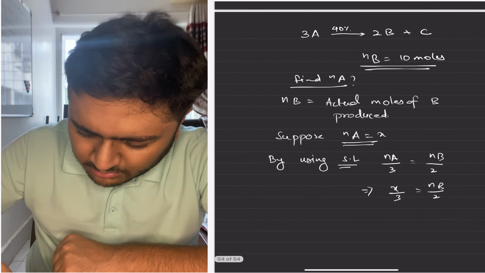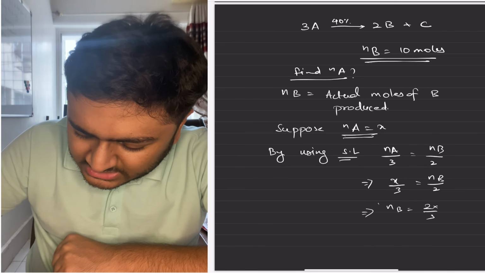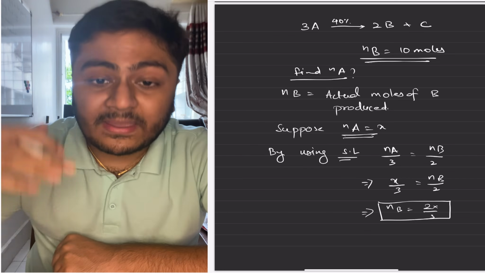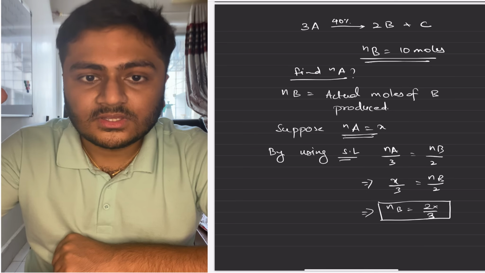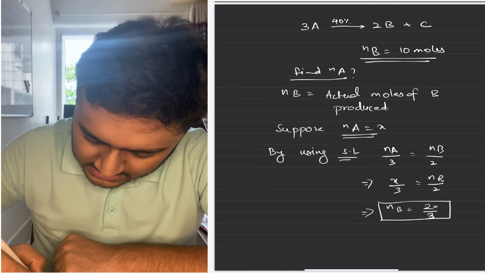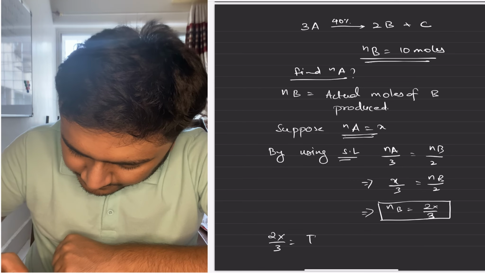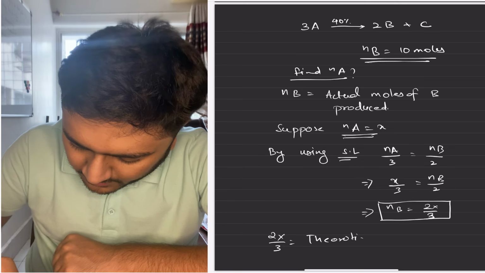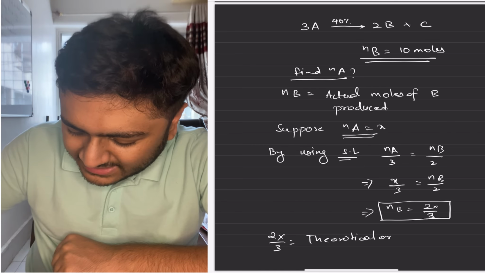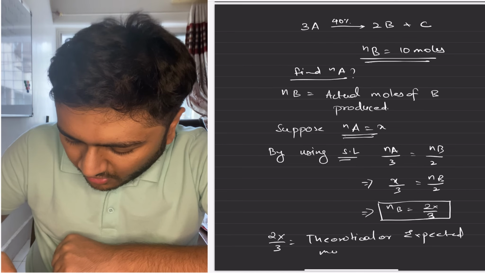Therefore, moles of B is 2x by 3. This 2x by 3 is the expected or the theoretical moles of B.